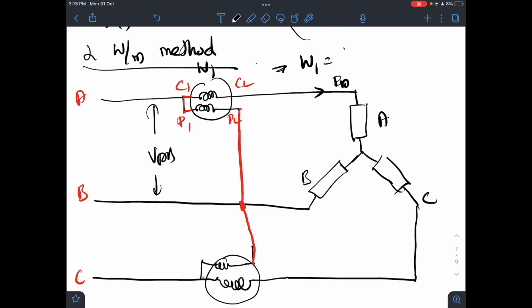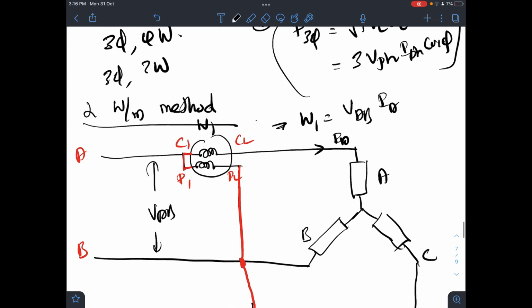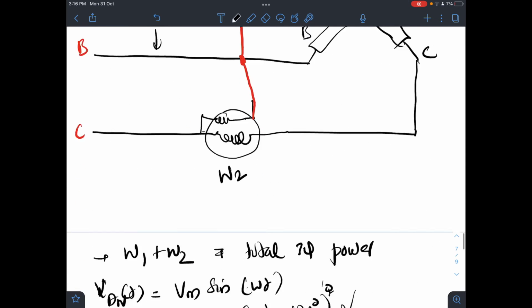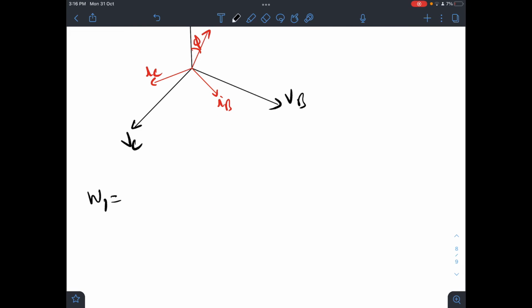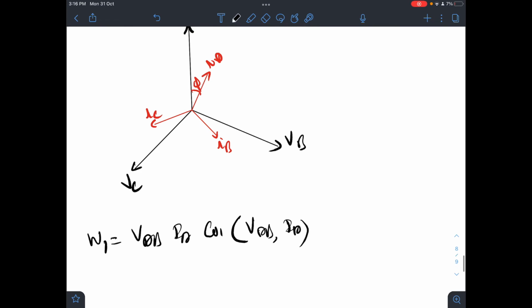The wattmeter is going to give you a reading equal to VAB into IA into the cosine of the angle between voltage and current, VAB and IA. So the wattmeter W1 reading is VAB into IA into cosine of the angle between VAB and IA.